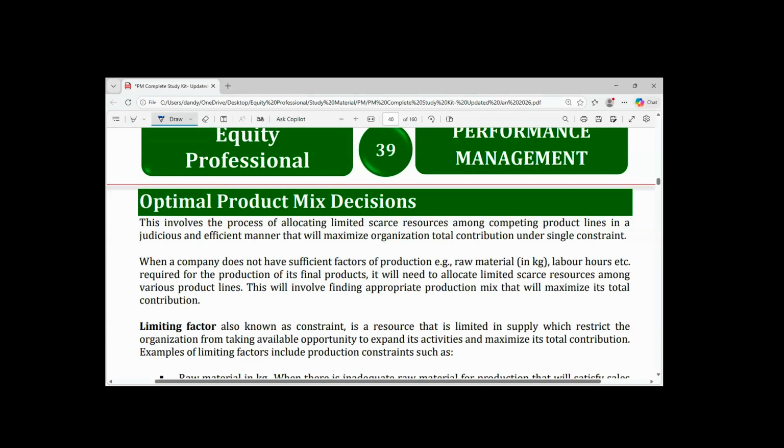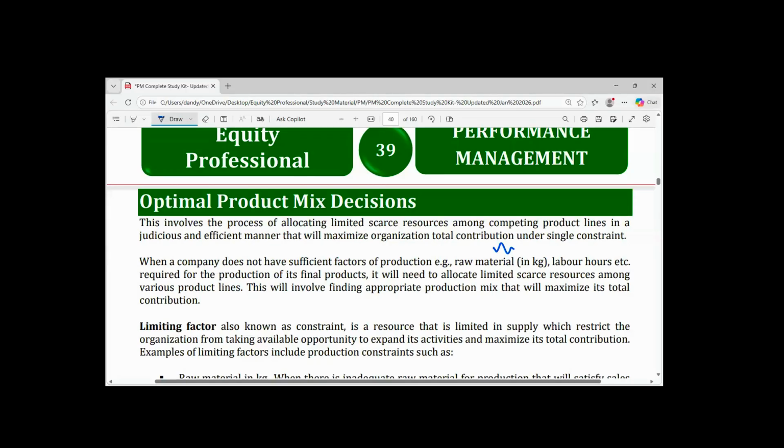Then the procedures involved in allocating scarce resources, where there is a key limiting factor. Then finally, we begin to have illustrations. Therefore, what do you mean by optimal product mix?